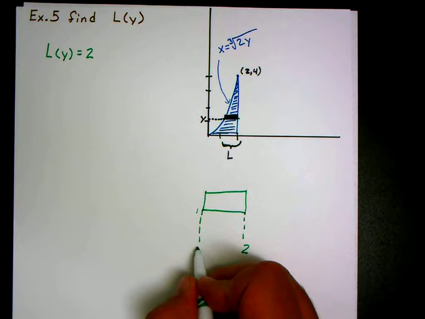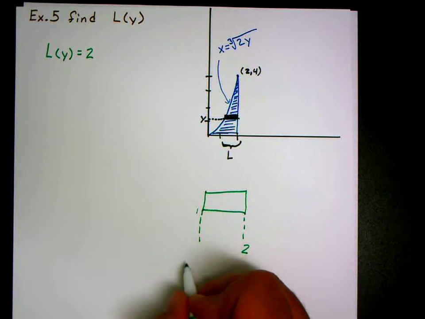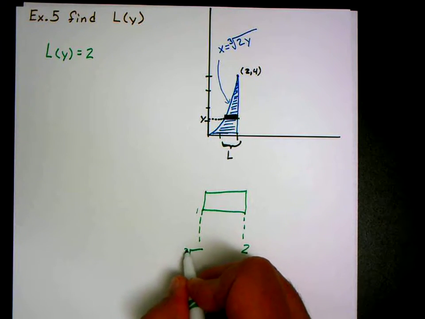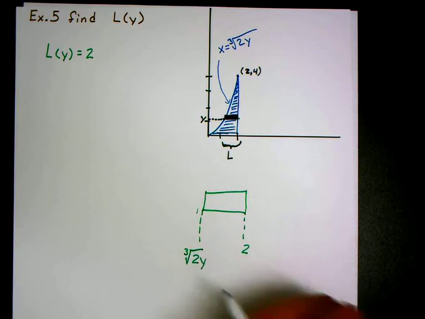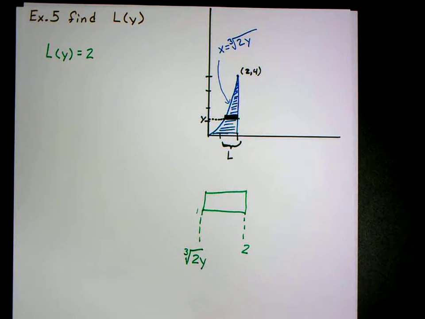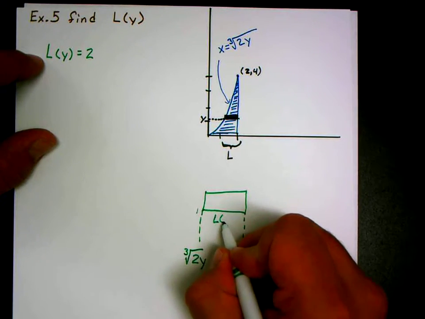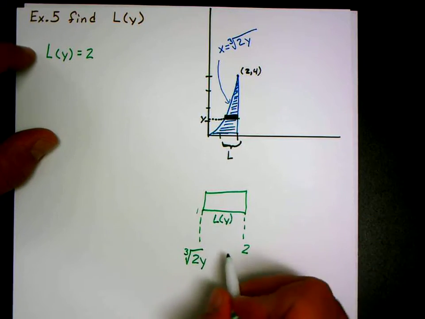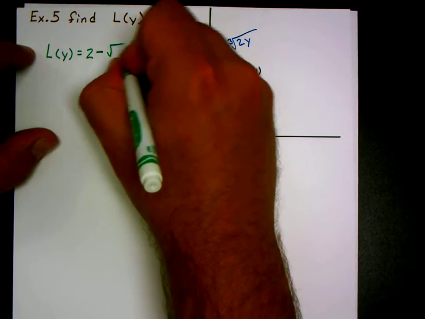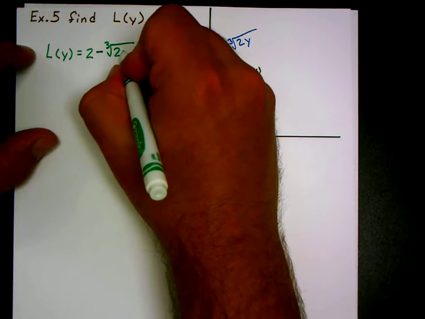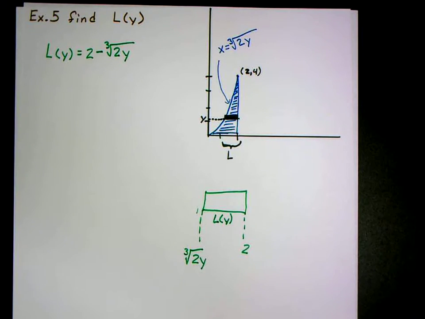What's the value of this x value? Yeah, this one's changing all the time. It's the cube root of 2y. So to find this length here, I would just need to subtract those two. There you go. That's it.